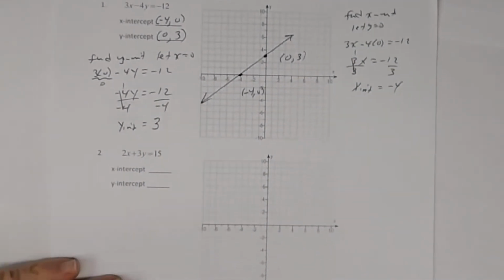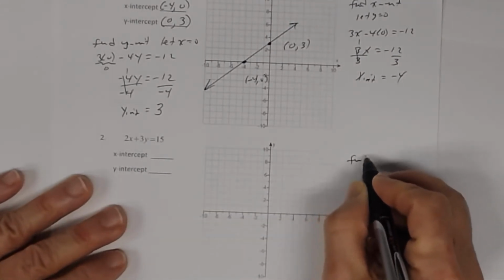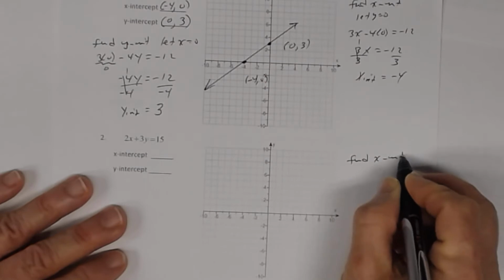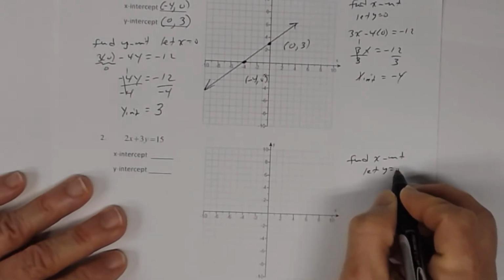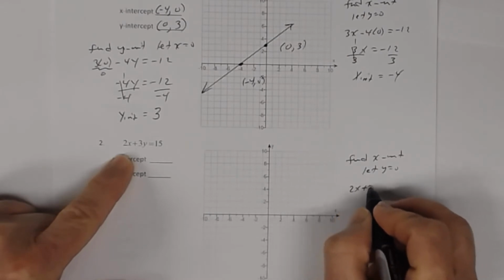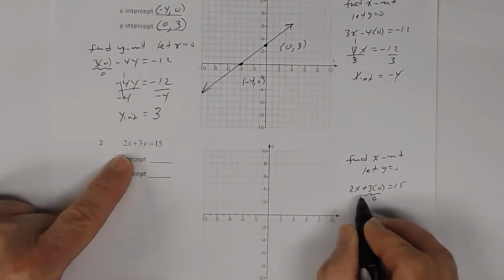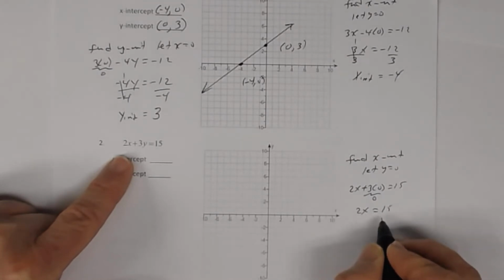Let's look at the second one. In number 2, let's find the x-intercept. Remember, you let y equal 0. This time we have 2x plus 3 times 0 equals 15. 3 times 0 is 0, so this is 2x equals 15.